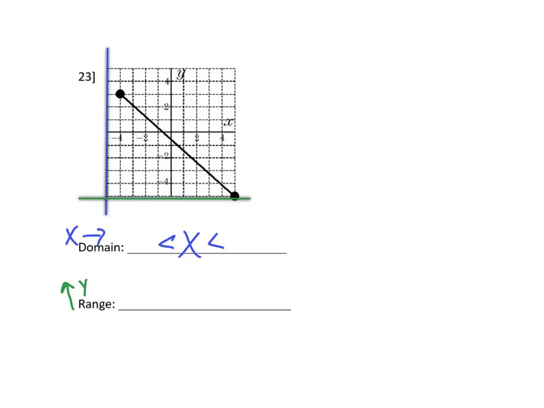So from the left, when I first encounter the graph, I see it's got an x value of -4, and I also see it's got a closed circle. So I'm going to put my -4 on the left, and then I'm going to underline my inequality symbol to represent the closed circle.